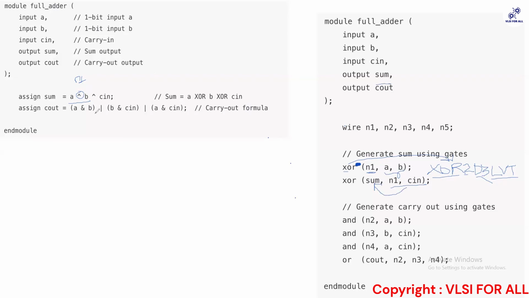Similarly, as I stated, A and B, B and C in, and so on have to go through 3 AND gates, 1, 2, and 3. These are performed through AND gates, and then you have to do an OR between them. If you look at it, it is an OR3. I have not used OR2.